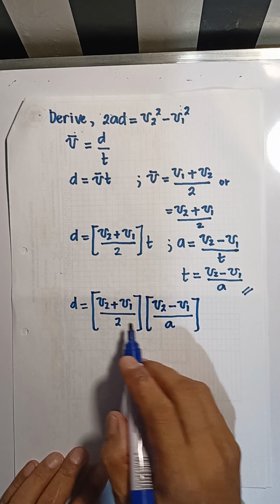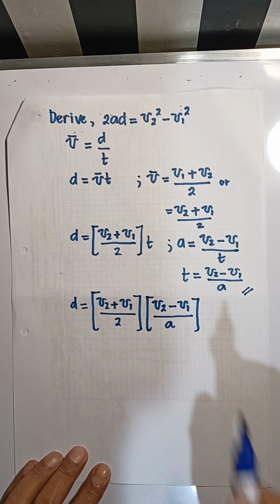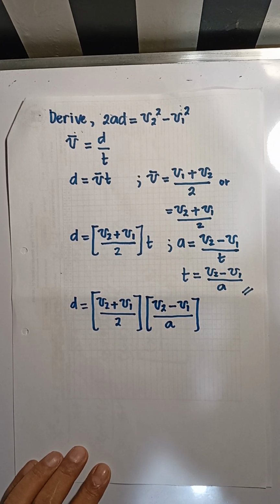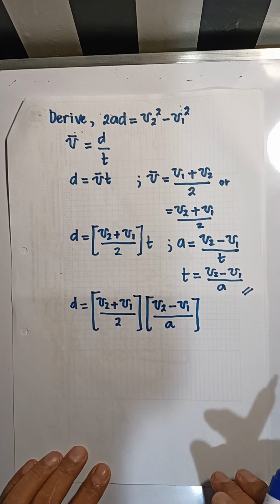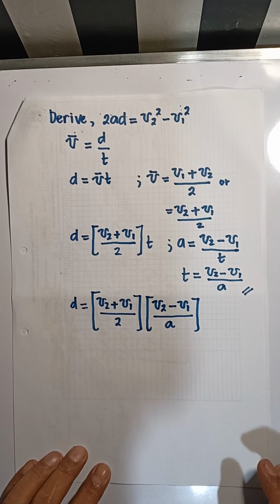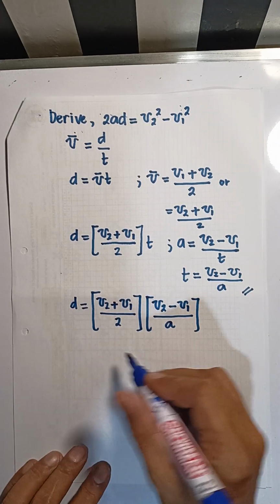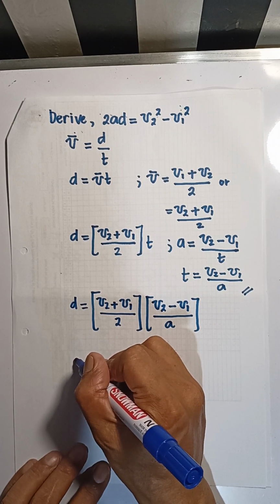Notice that your numerator, relating this to your mathematics, will be the sum and difference of two binomials, wherein when we say sum and difference of two binomials, your middle term is equal to 0. So let's do that.